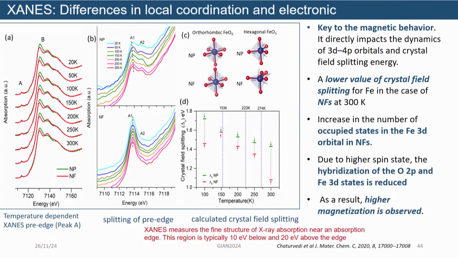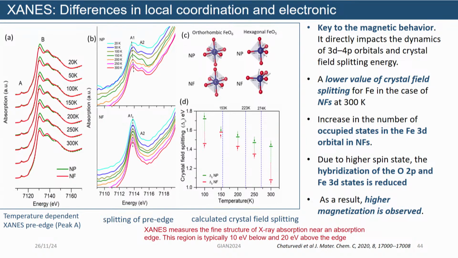Further, we did EXAFS experiments at the synchrotron, where you can probe the local environment. EXAFS is nothing but a measurement of the fine structure of X-ray absorption near an absorption edge, and this region is typically 10 electron volts to 20 electron volts. So in that range you can probe the material and you can take the edges.